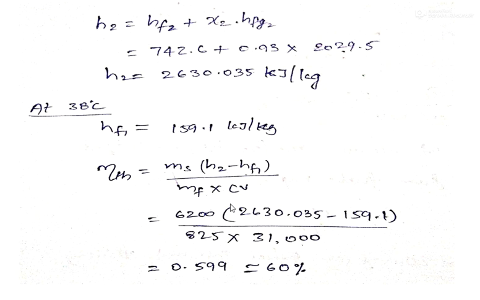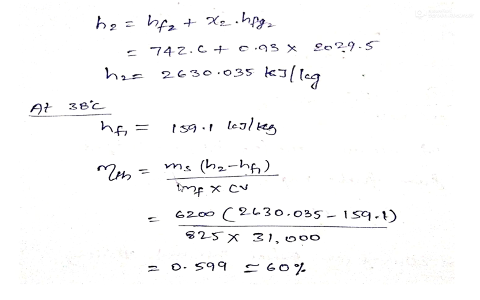So when you substitute those values here, ms, the mass of the steam, is given as 6200 kg per hour, and the H2 value we have calculated here, 2630.035, and the Hf1 value we have found from the steam tables, 159.1.